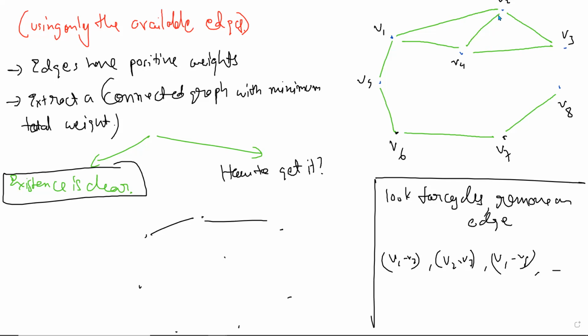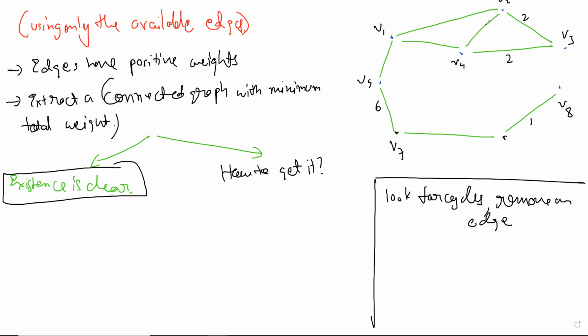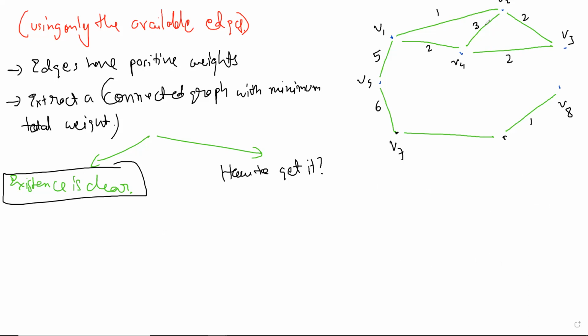So we can't just say look for a cycle and remove the edge with the maximum weight, and then how will we show that that will give the minimum? Here it even becomes more non-obvious that this will give the minimum.